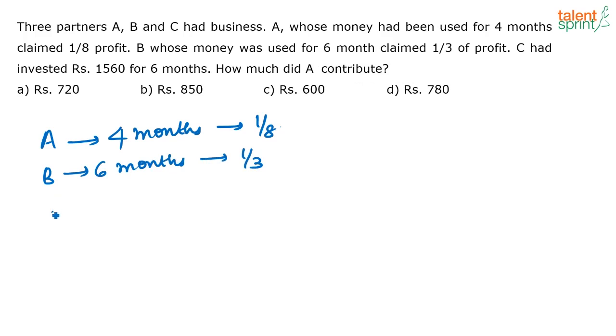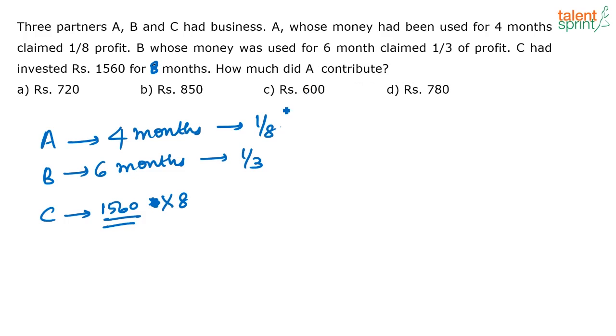Now if you look at C, what are they saying? C has invested, I think it should be 1560 for 8 months, okay? Please make this as 8. There is a typo error here in the question, please correct that. So C has invested 1560 rupees for 8 months, okay? So the amount invested by C is 1560 and the period of investment is 8.